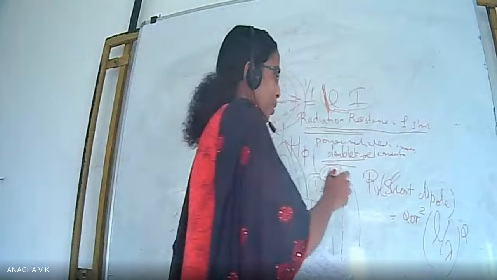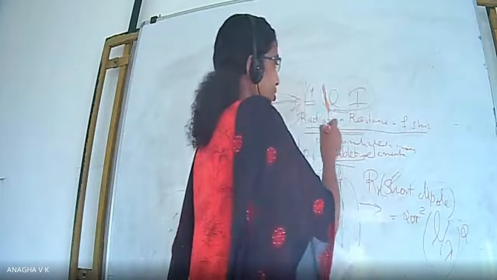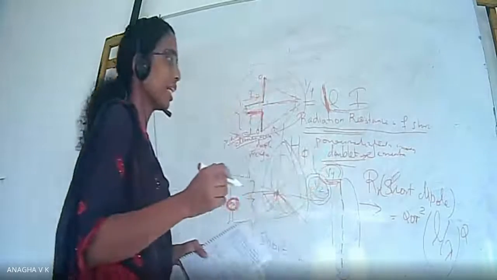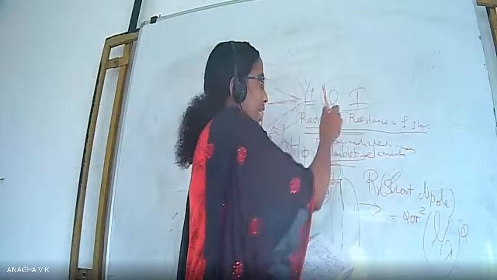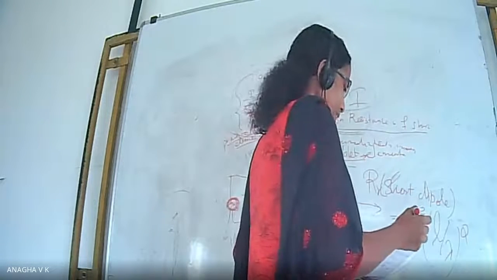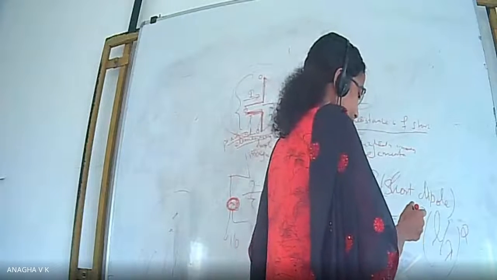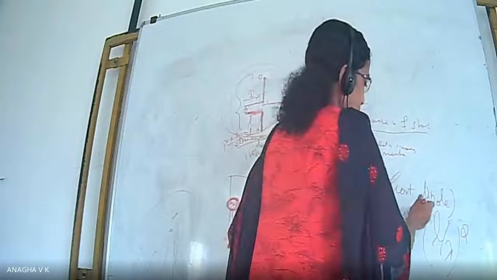Remember that this is the basic equation, and this is 1/4 of the radiation resistance of the current carrying element of the same length. And pi square, pi is what?